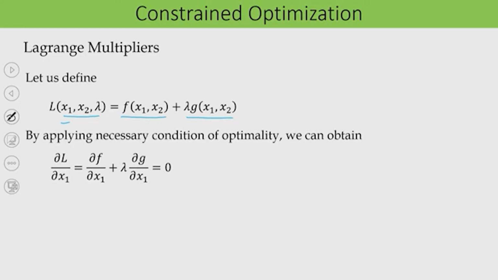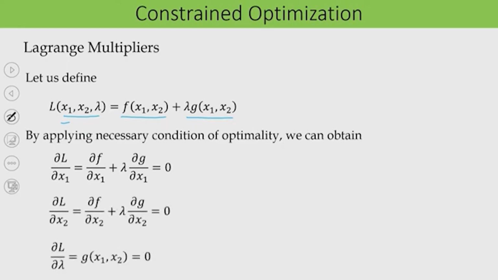If I do that, I get del L by del x 1 equal to del f by del x 1 plus lambda del g by del x 1. Please recall the previous slide; we also got the same equation, but here we are finding it from the Lagrange function. Similarly, I can take the derivative with respect to x 2: del L by del x 2 equals del f by del x 2 plus lambda del g by del x 2 equal to 0.